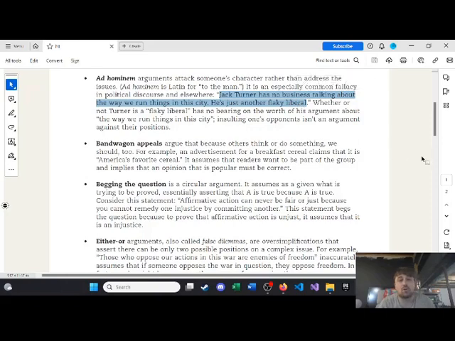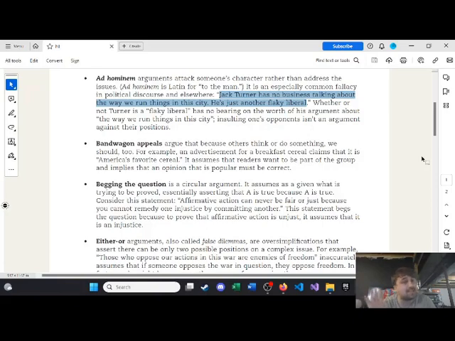Okay, so this is a fallacy. Why is it a fallacy? Well, because just because you're a flaky liberal doesn't mean you can't talk about business in the city, right? Flaky liberals can talk about that too. We don't even know if Jack Turner is or is not a flaky liberal, but it doesn't matter.